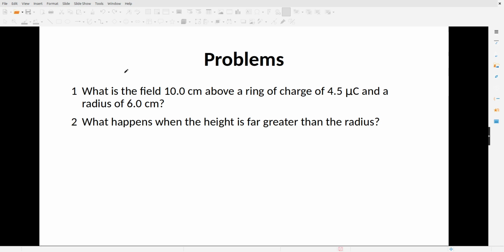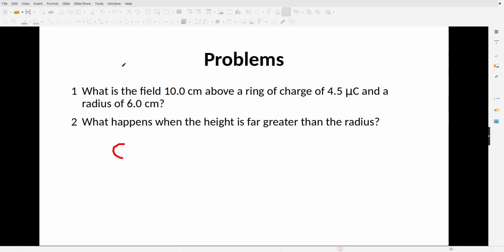What is the field 10 centimeters above a ring of charge of 4.5 microcoulombs in a radius of 6.0 centimeters? So let's do this formula.